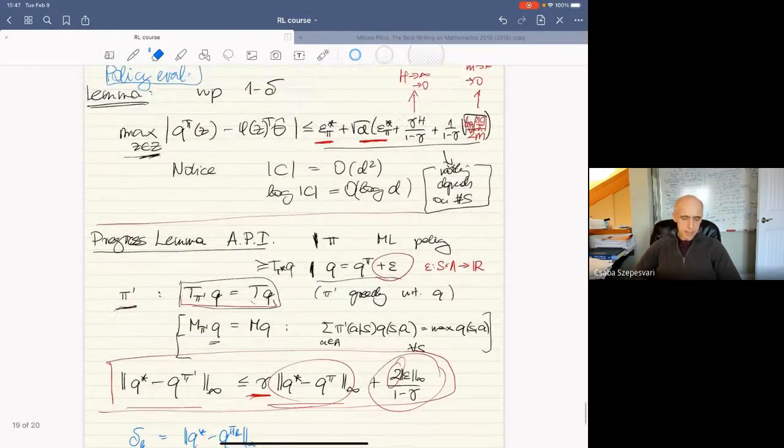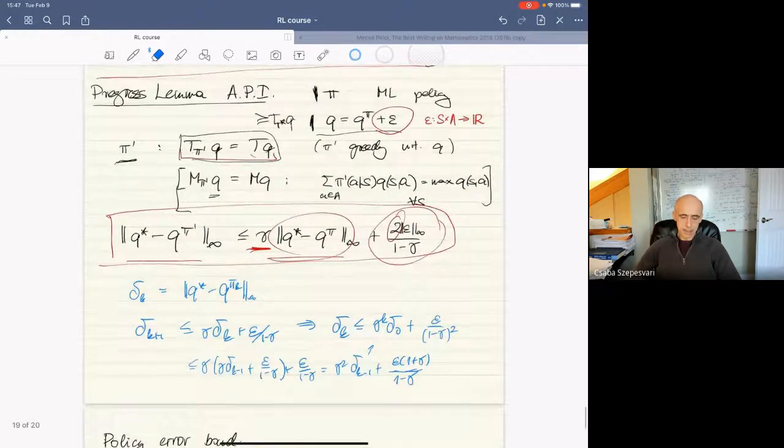And so the second part of the analysis is looking at that if you take any memoryless policy, pi, and you take a policy which is greedy with respect to an action value function, just a function of state action pairs, which is not necessarily the action value function of the underlying policy, but differs from it by some epsilon.